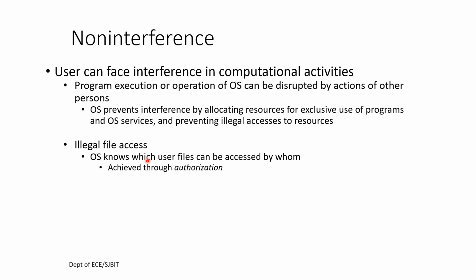So the OS always monitors which users access a particular file. This can be achieved by using authorization. So this is all about the introduction to operating systems and the goals of an operating system.